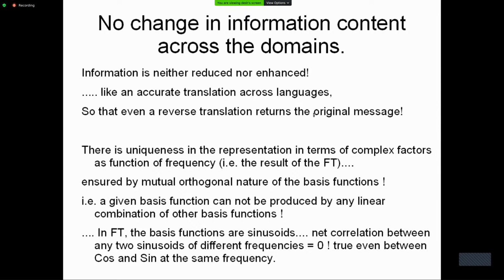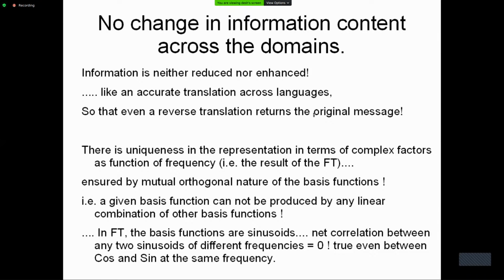As I said, in the Fourier transform, the basis functions are sinusoids. Net correlation between any two sinusoids of different frequencies is strictly zero, integrated over a wide enough span, ideally, strictly speaking, from -infinity to +infinity in whatever domain in which the function is given.